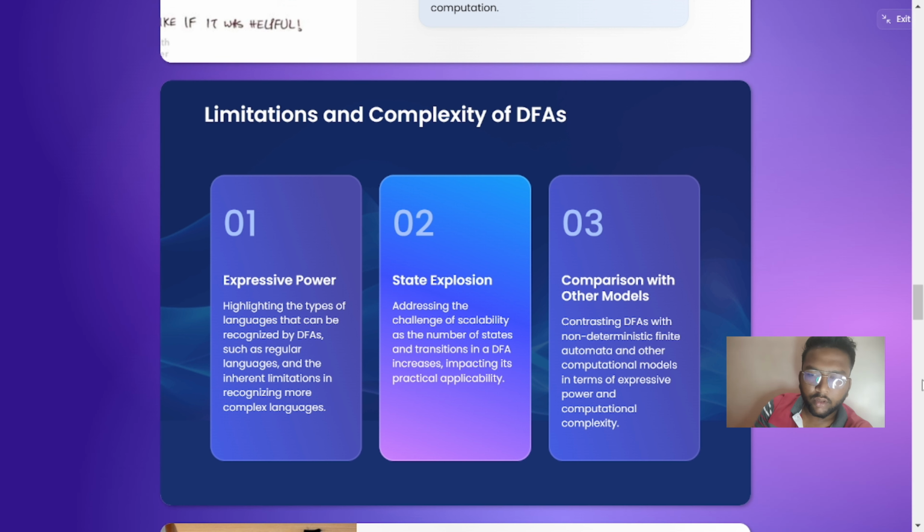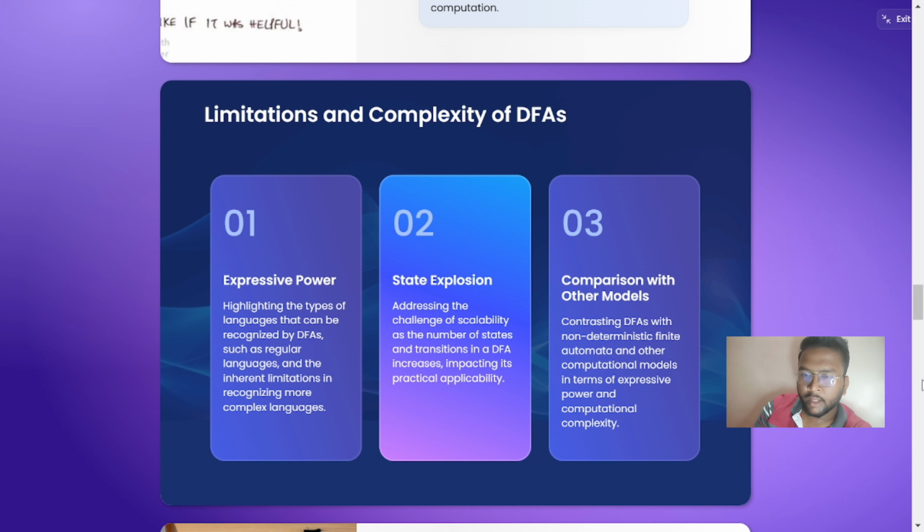When the user of a platform increases the number of states or transitions, there is a risk that it is incapable of scaling those models which are based on the DFA architecture.